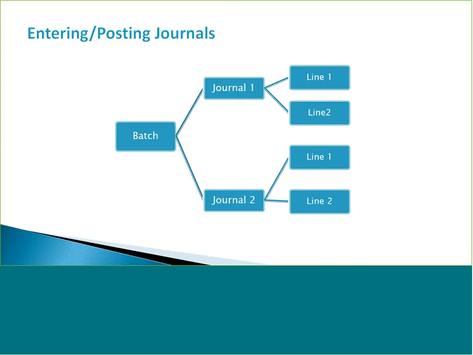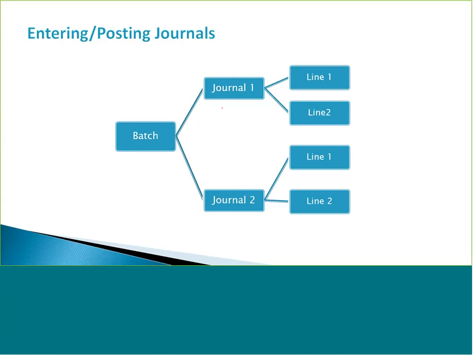Now, for the journal, there are some things that are usually specified. You can select the journal category. You can select the currency in which we are entering the journal. If it's in foreign currency, you can select the exchange rates. And in the journal header, we also have things like the source of the journal.